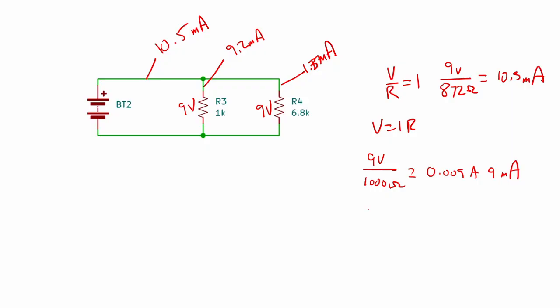Then we can work out the other one by simply going 9 volts divided by 6,800 ohms, which gives us 0.0013 amps, or 1.3 milliamps, which is almost exactly on what we measured.